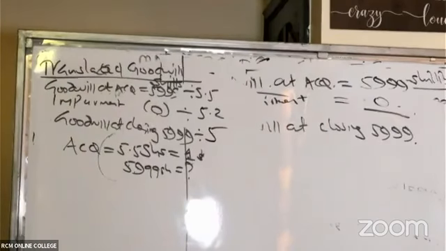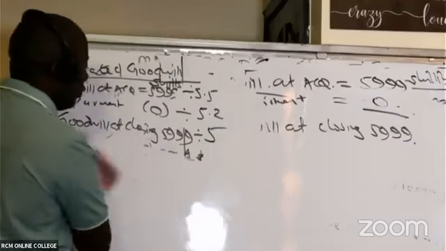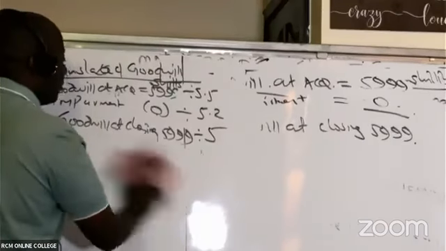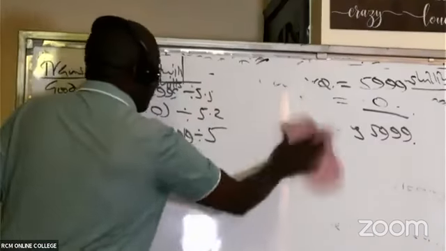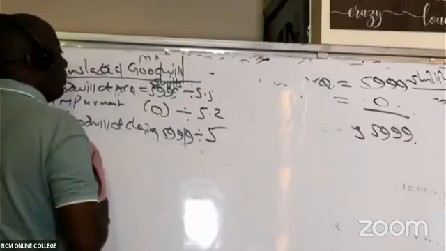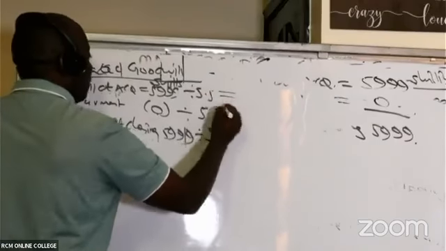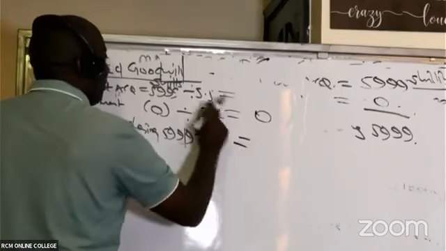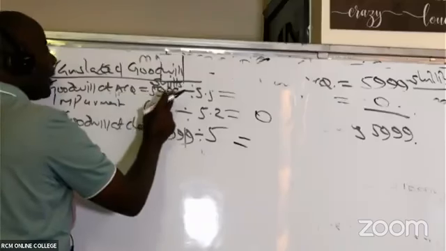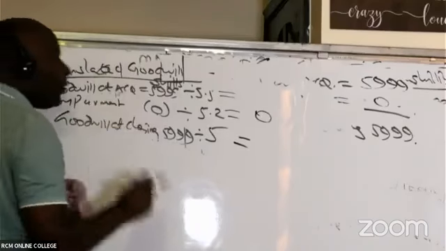Now from there, do your calculations of expected versus closing. Are you able to give me these figures pretty fast? I know this is 0. How about this: 59,999 divided by 5.5?